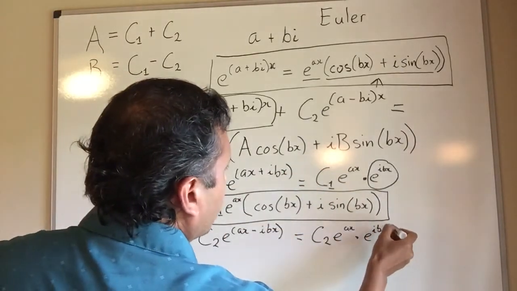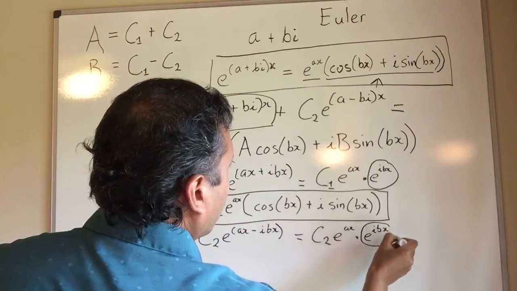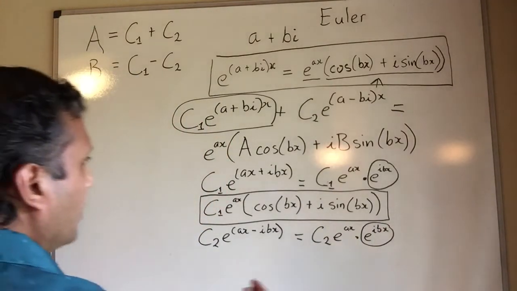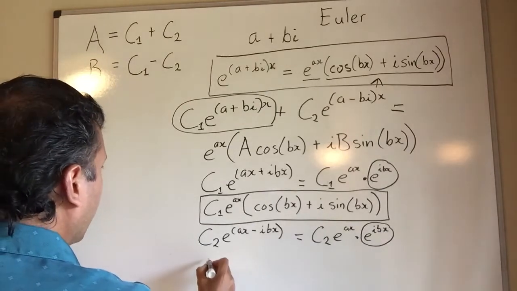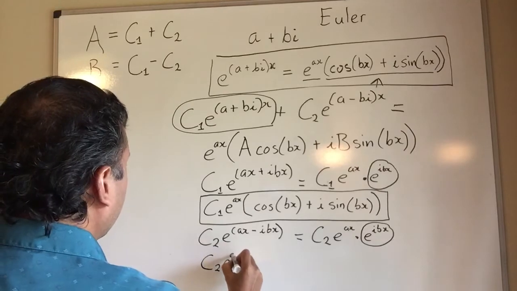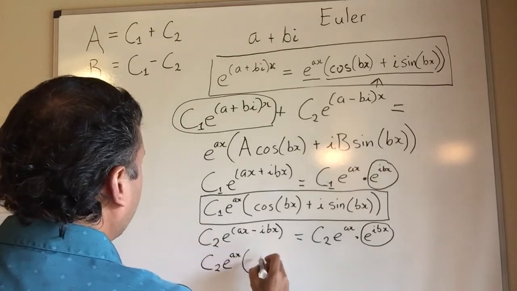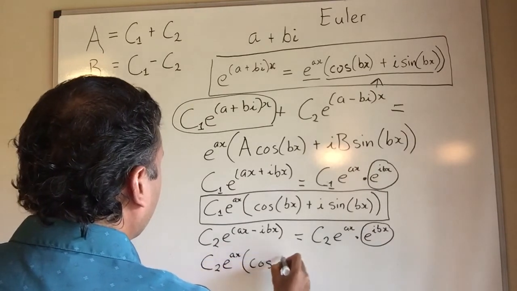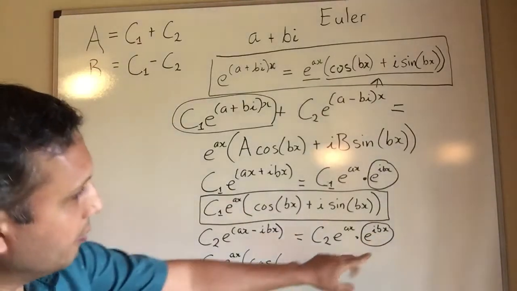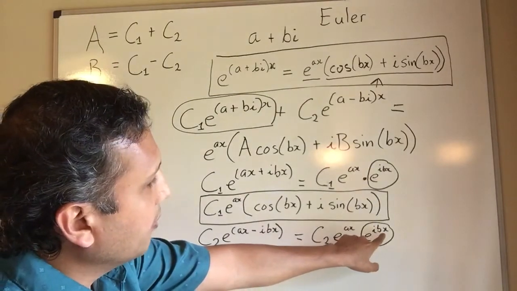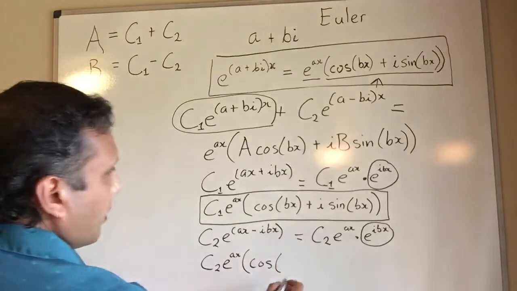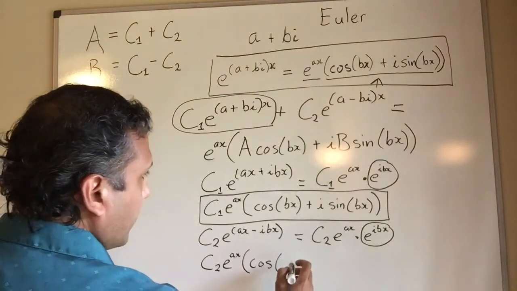So now I'm going to convert this ibx, which now becomes C2 e to ax multiplied by cos. I remember the i being multiplied by bx, so the bx goes inside this trigonometric function or operator.